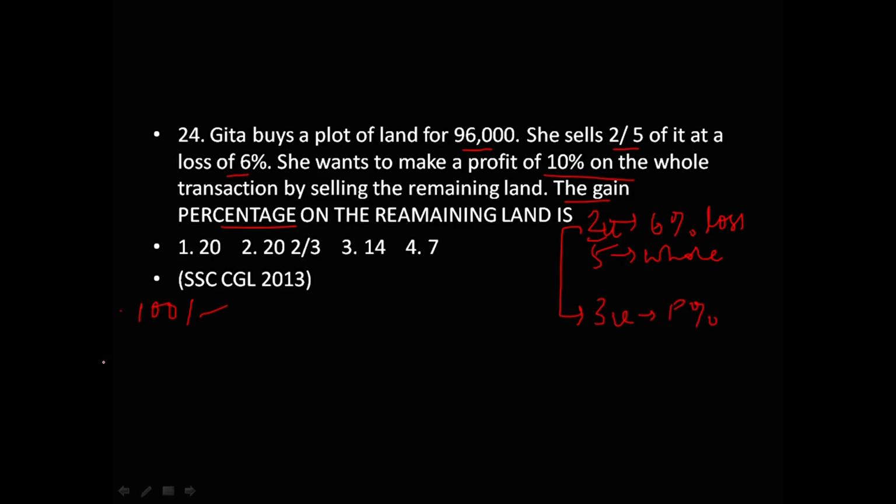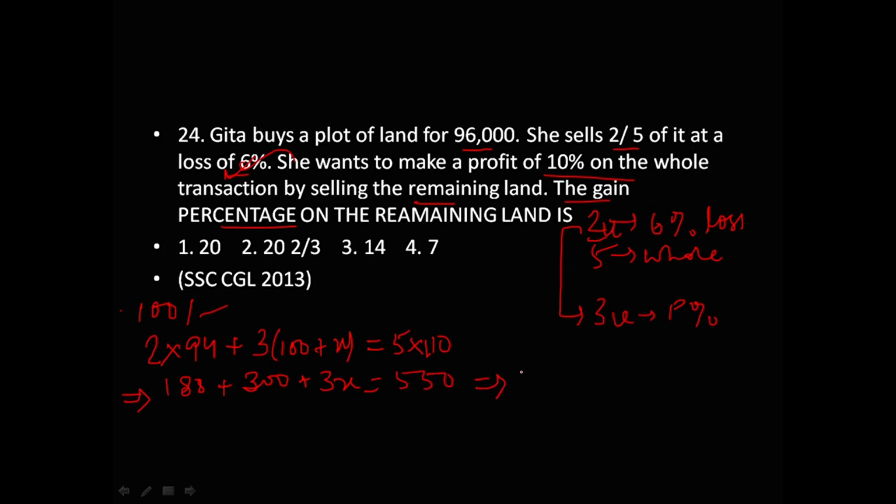So now we can form an equation: 2 into 94, because it was sold at 6% loss, plus 3 into 100 plus x, where x is the profit percentage she got on the remaining land, equals 5, the whole land, into 110, since in the whole transaction she has got 10% profit. So it's 188 plus 300 plus 3x equals 550. Clear?